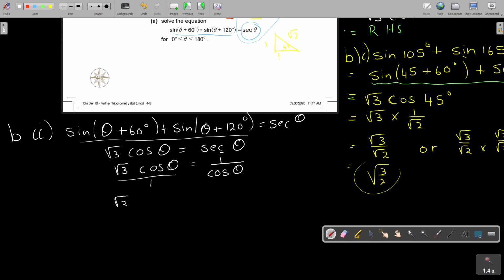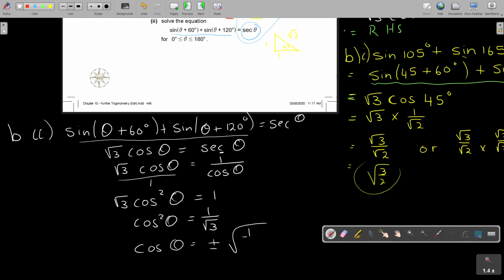So it's square root 3 cos squared theta is 1. So cos squared theta is 1 over square root 3. And now, remember chapter 4, I take the square root on both sides, so cos theta equals plus minus, because it's a square root, 1 over square root 3.